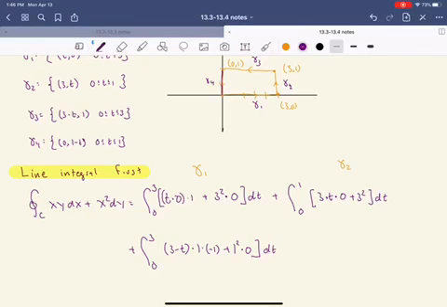This is the gamma 3 integral, plus the gamma 4 integral from 0 to 1. Here, x is 0 times y.